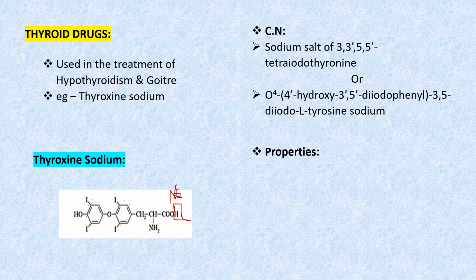If the question comes, draw the structure of thyroxine sodium, then hydrogen of carboxylic acid you are going to replace by sodium, that is Na. That will complete the structure of your thyroxine sodium. Clear?